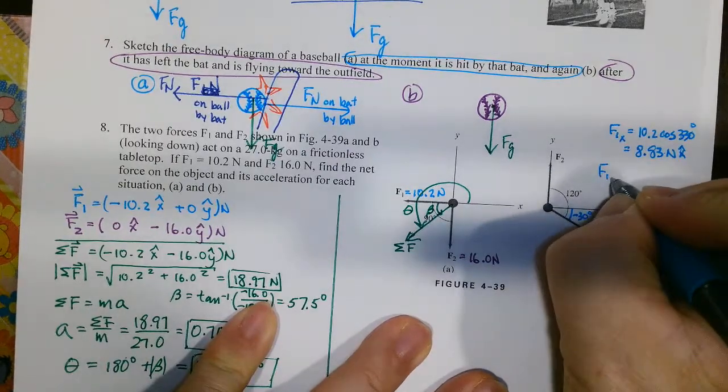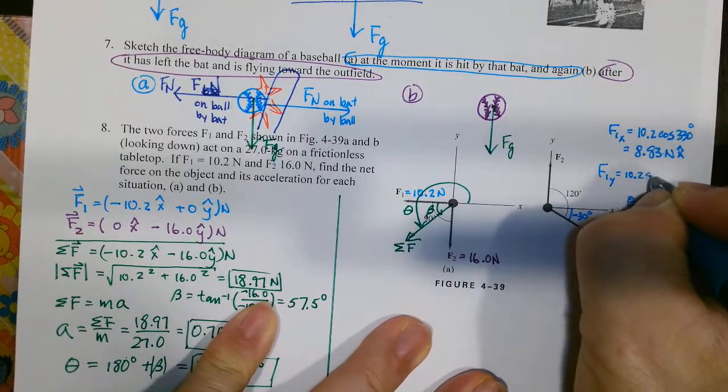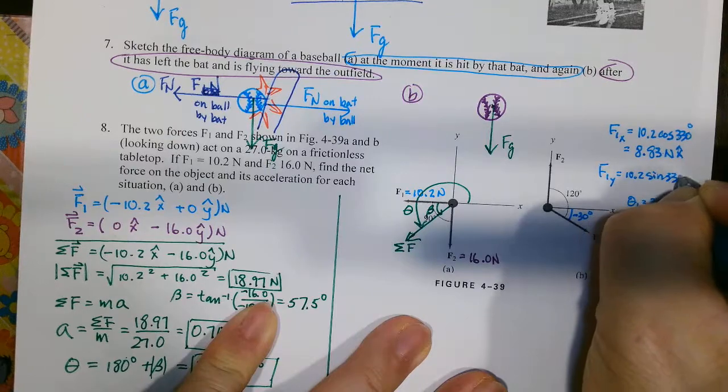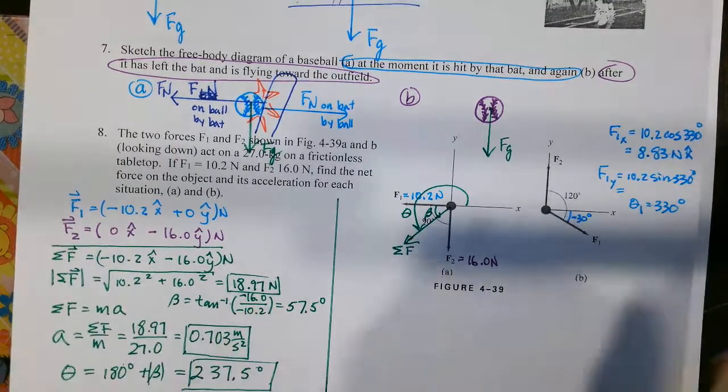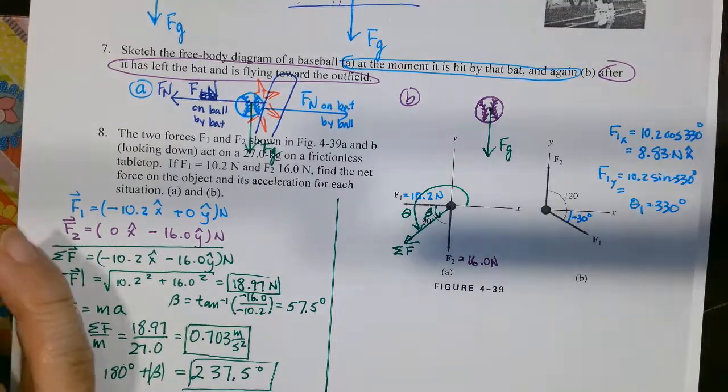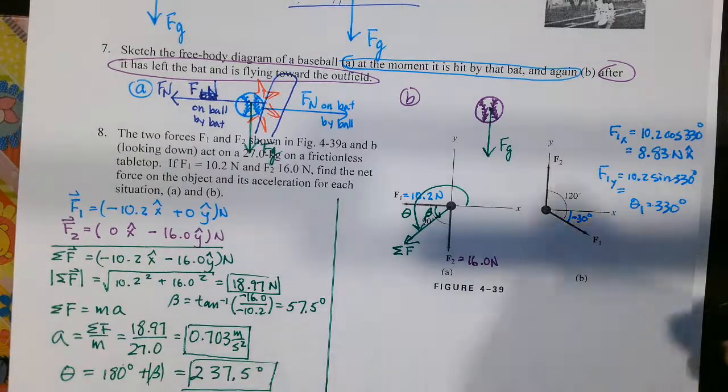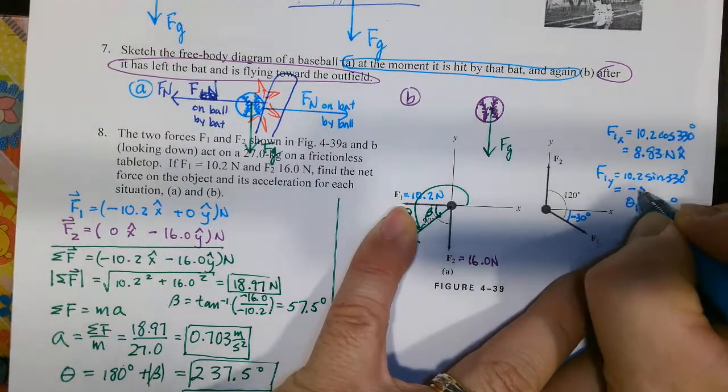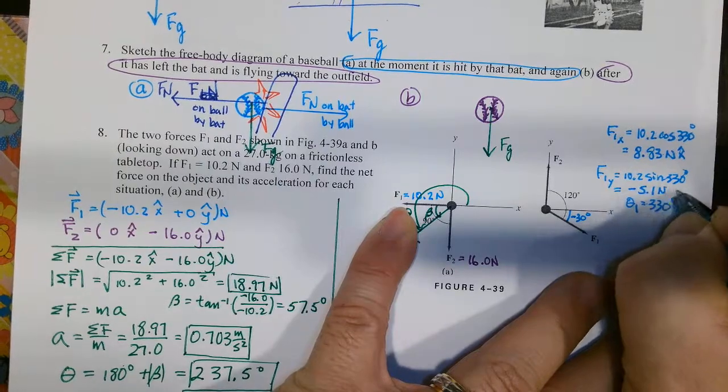And F1y is 10.2 sine of 330, and that comes out to negative 5.1 newtons y hat.